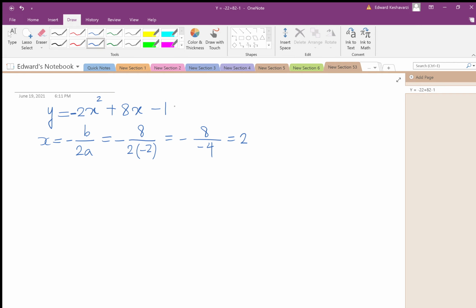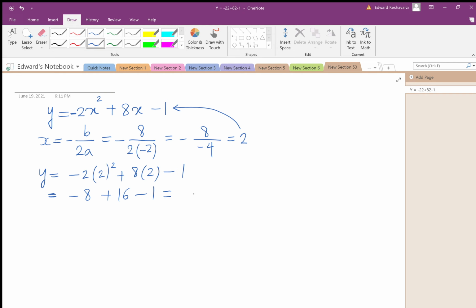By plugging it back here, you will have negative 2 times 2 squared plus 8 times 2 minus 1. I'm pretty sure that you know that exponents come first, so therefore it becomes negative 8 plus 16 minus 1.